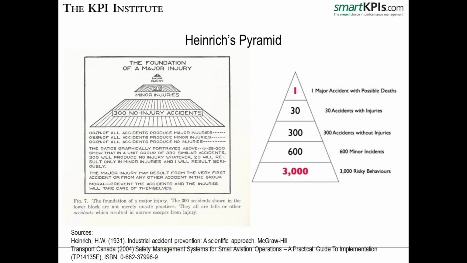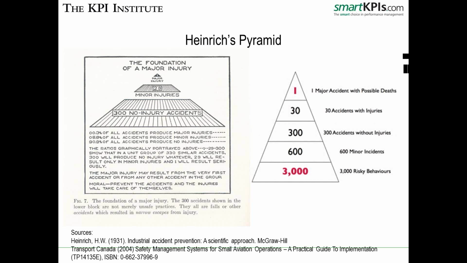Sometimes these two indicators are in the same reporting tool. In other situations we may have the top of the pyramid in the scorecard evaluating the achievement of a certain objective in this area, while the risky behaviors are monitored in a dashboard, an OH&S dashboard, for example. Well, regardless of whether or not they are in the same reporting tool, it's important to ensure that they are both monitored.